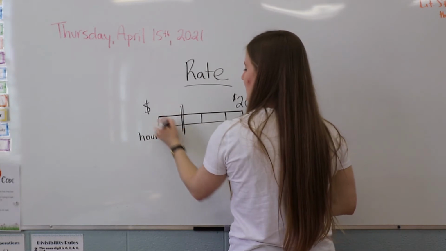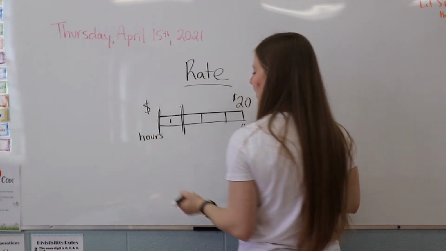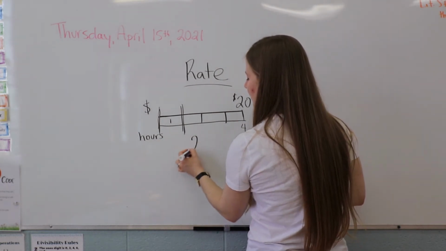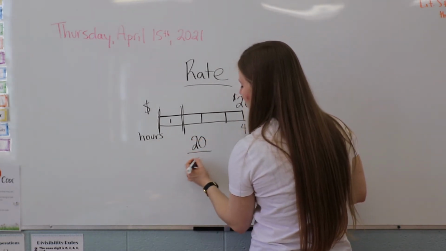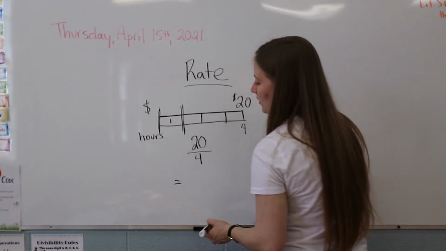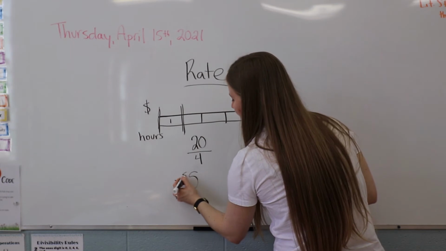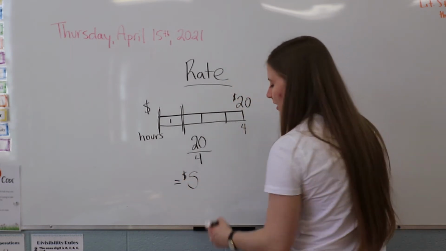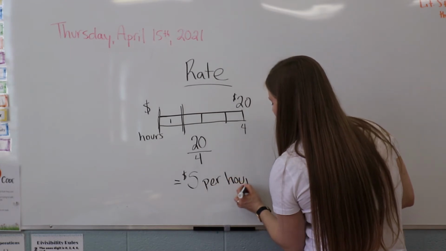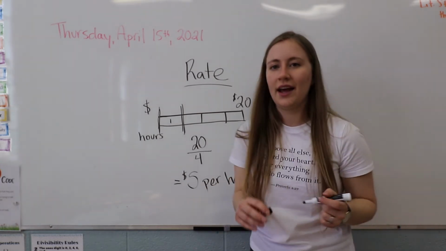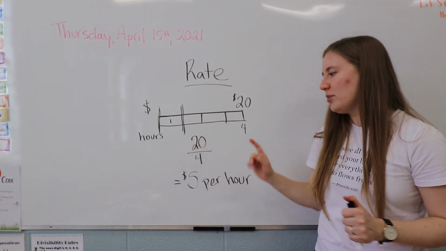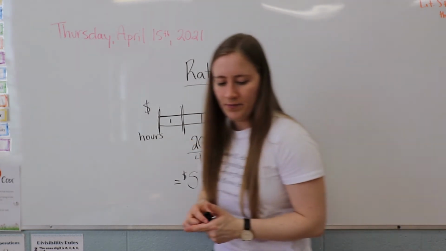It's asking us how much he is paid per hour. So we're looking again for the value of what 1 hour is, okay? To figure that out, we have to divide 20 by 4, which is going to give us $5. So Robert gets $5 per hour, okay? Hopefully you see how that works. We're bringing it down to the value of 1 through division.